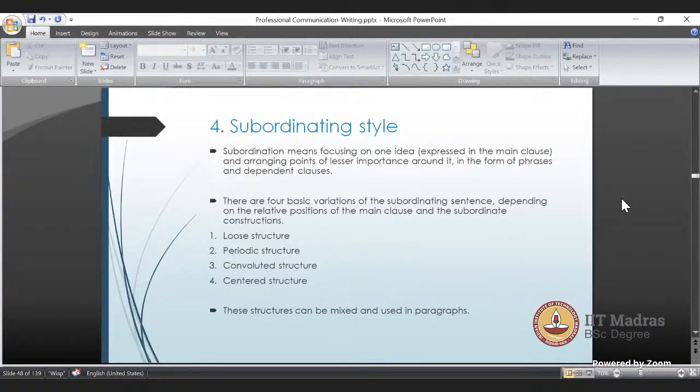Now, what does subordinating style mean? This word subordination is familiar to you in the context of clauses. What was subordination in the context of clauses? If someone can educate, just to warm you up into this. What did subordination refer to in clauses?